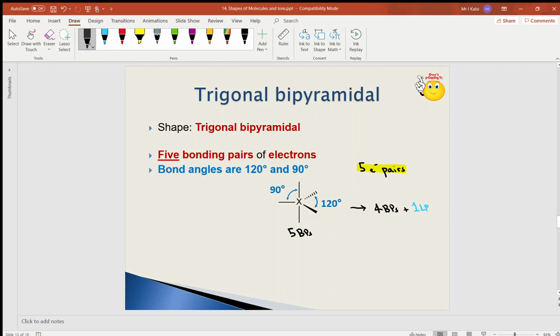We could get a situation where we get 3 bonding pairs plus 2 lone pairs. That would work as well. We could get 2 bonding pairs and 3 lone pairs. So those are different possibilities. You could go for the extreme, which is 1 bonding pair and 4 lone pairs.